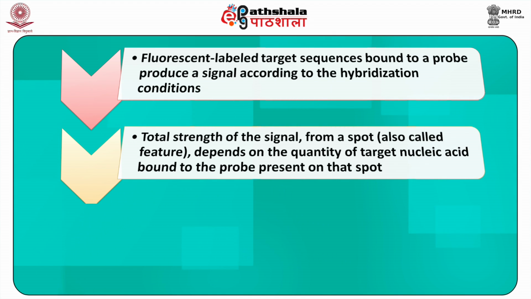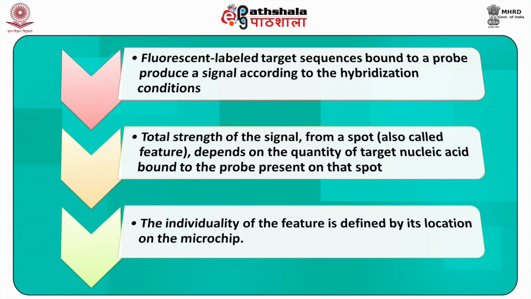Microarrays apply comparative quantitation where the concentration of a spot or a feature is compared against the concentration of a similar feature under a diverse condition. The individuality of the feature is defined by its location on the microchip.